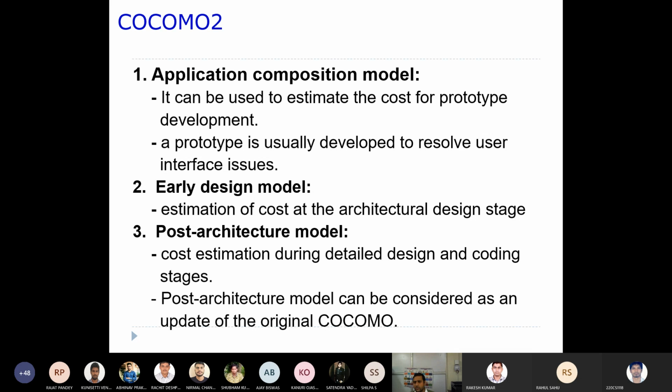So we talked about the Cocomo model, where we have talked about basic, intermediate and complete.